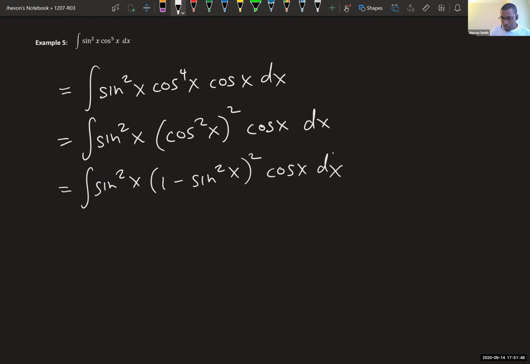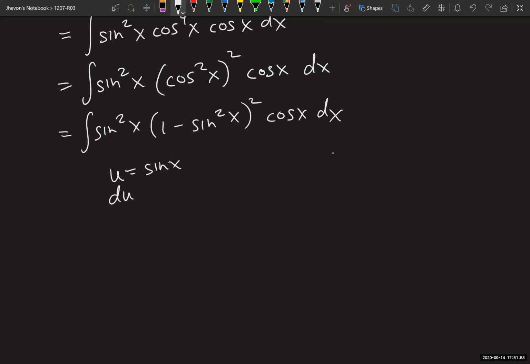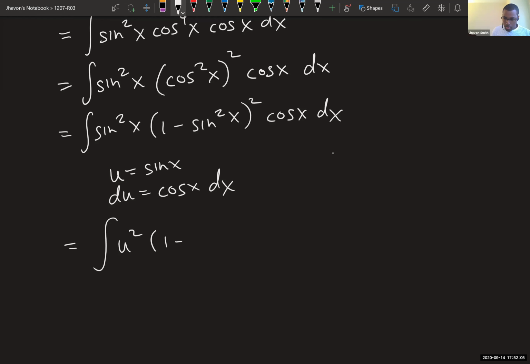Now? u equals sine x, du equals cosine x dx. So our integral becomes u squared times 1 minus u squared squared du. How do we do that integral?